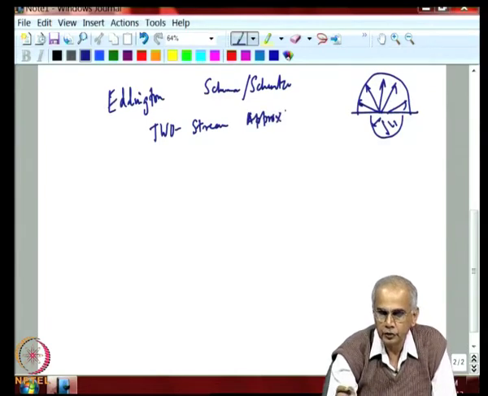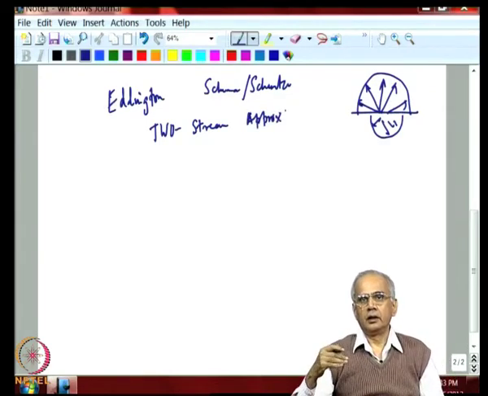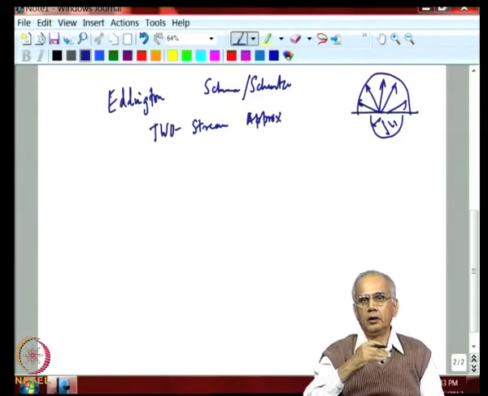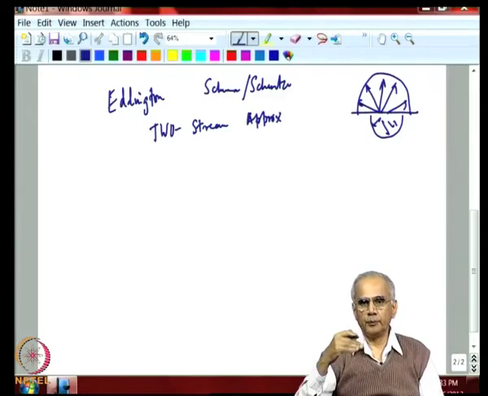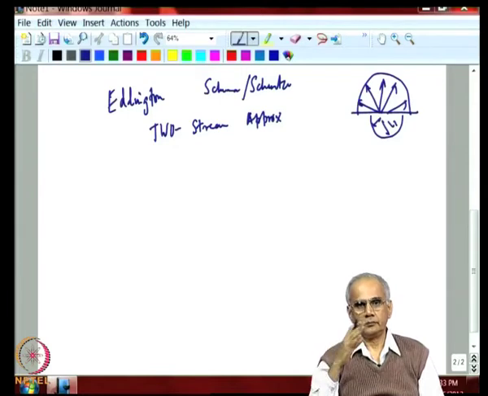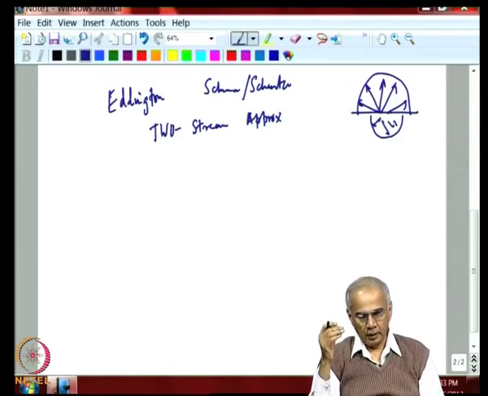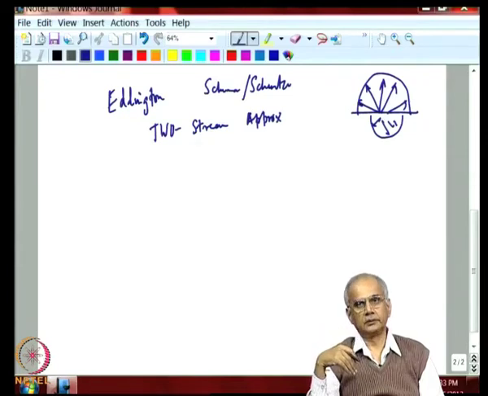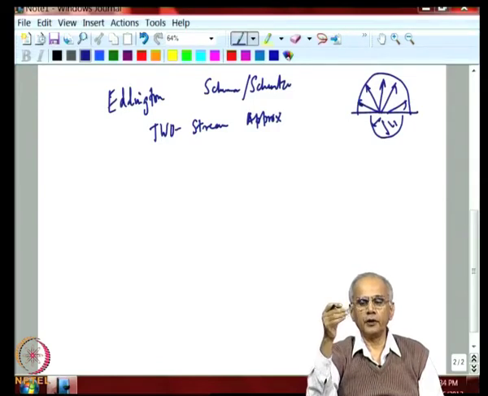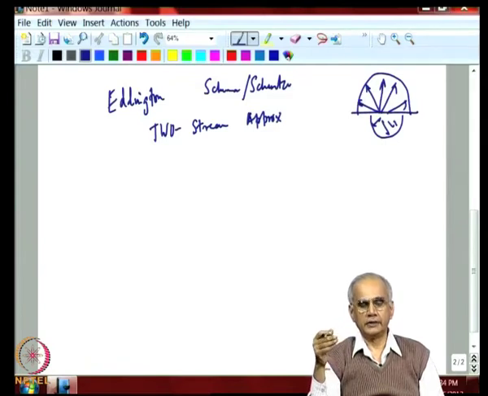And here what you are assuming is that all the streams going upwards are independent of angle. So, you can treat them with a single angle, and all streams going downwards are isotropic in the lower hemisphere and can be treated with one angle. But the upward and downward intensities are not the same.